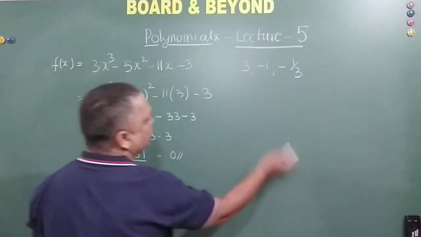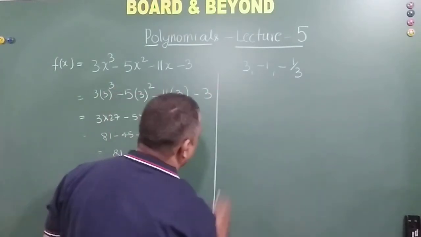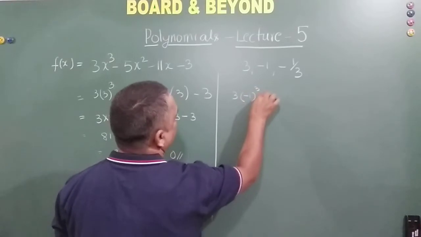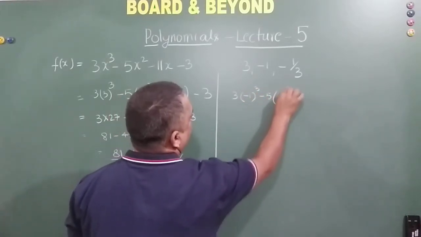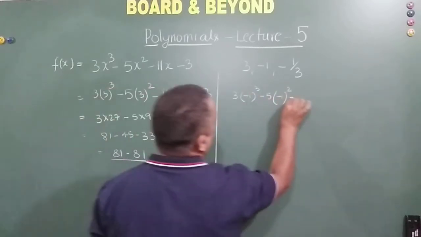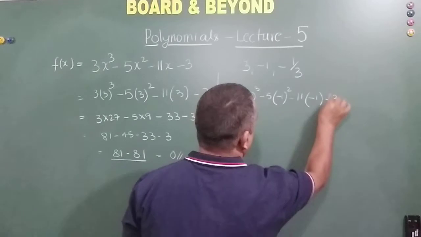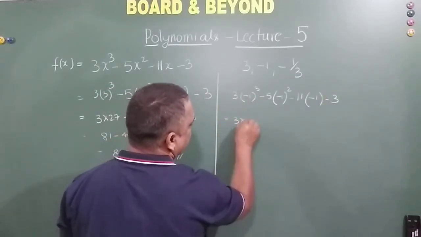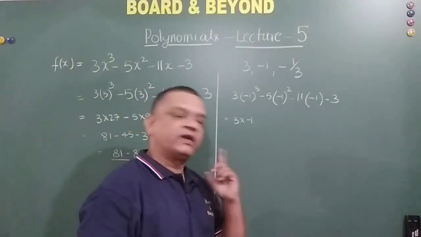Now coming to x is equal to -1. I'll just draw a line here. So 3 into -1 whole cube minus 5 into -1 square minus 11 into -1 minus 3. So this is equal to 3 into -1, -1 whole cube is equal to -1 itself.